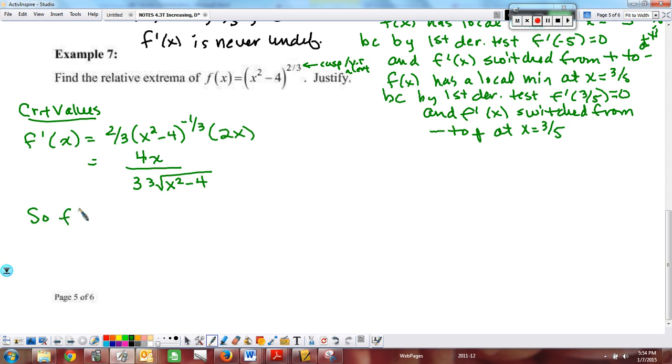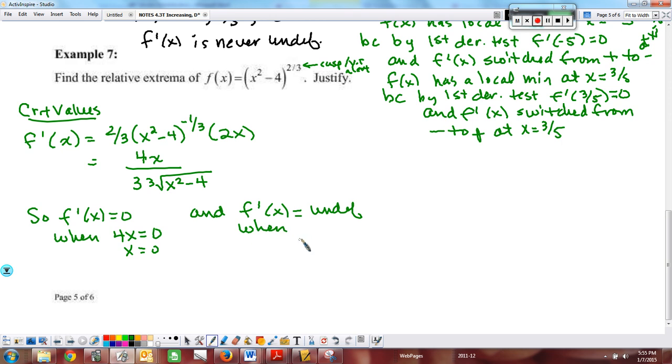So f prime of x equals 0 when 4x equals 0 or x equal to 0. And f prime of x is equal to undefined when the cube root of x squared minus 4 equals 0, which would be when x equals plus or minus 2.